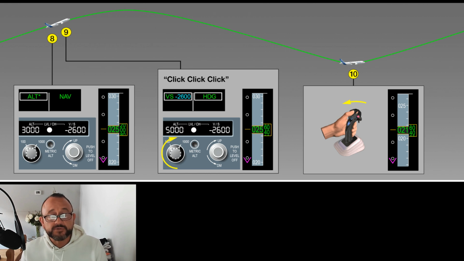The aircraft vertical speed reached negative 2,600 feet per minute and remained constant until the flight crew manually took over by pulling the side stick. The aircraft reached 2,100 feet, 1,400 feet on the rad-out and started to climb again. The flight crew later re-engaged the autopilot and successfully performed a second ILS.